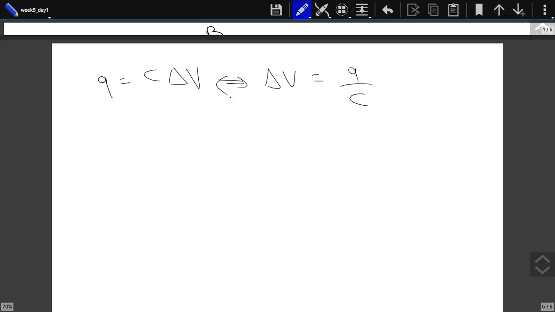So that is the main difference between the capacitor and the battery. As you use the charge in the capacitor, the potential difference across the capacitor becomes smaller and smaller. In a battery, when you buy a 1.5 volt battery, you know that until it reaches its end, it will be almost 1.5.